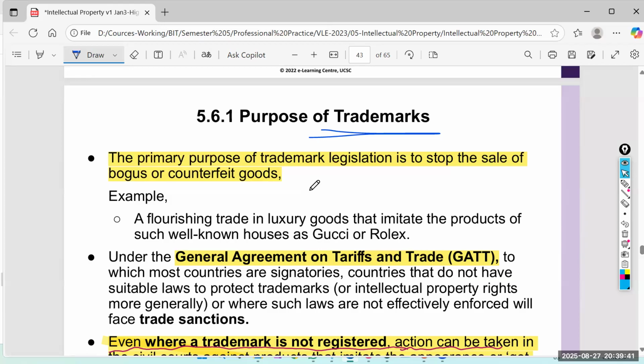So then it's a cross-country issue. That is why we have the General Agreement on Tariffs and Trade, GATT. The member countries have signed certain agreements on trademarks, or in general intellectual property rights.